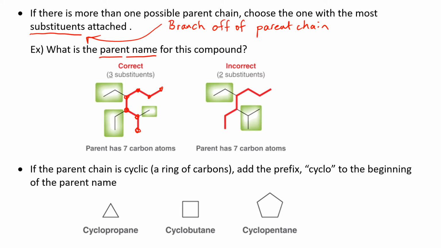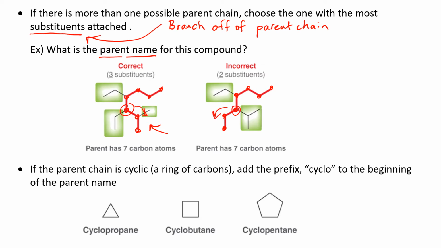And let's look at the other option, 1, 2, 3, 4, 5, 6, 7. Make sure you see the difference here between the parent chain. This one's split off to the right here. This one split off to the left.